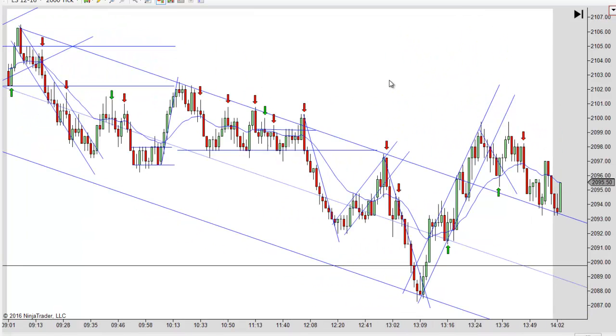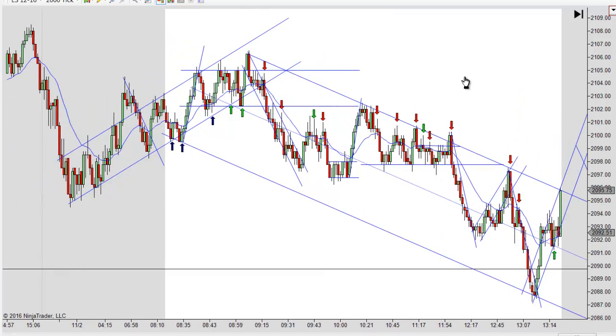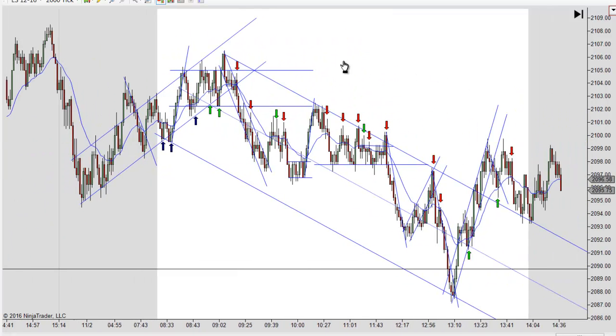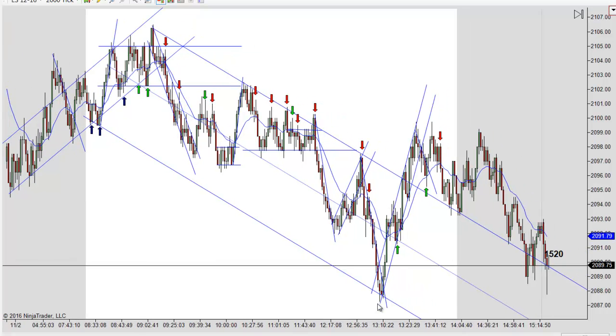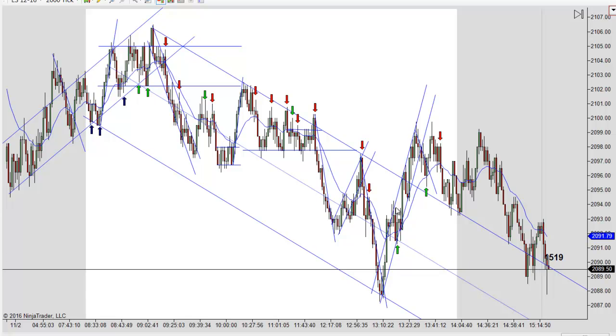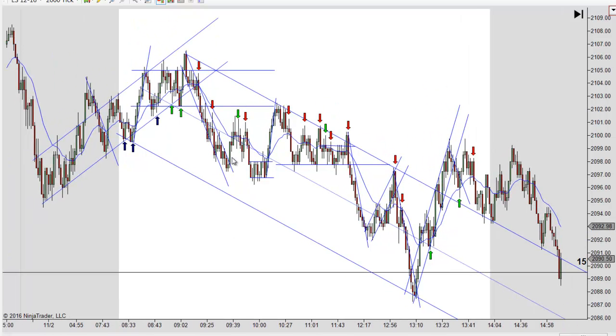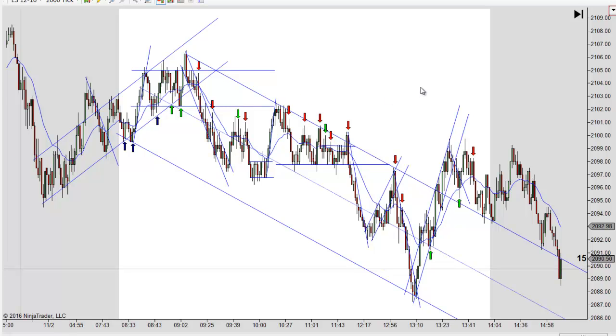So anyway, that's pretty much it for the day. Another pretty good day, really. Once we hit about 9 o'clock, there was news today. That's the main reason you got this big move here. This was all FOMC news, and then there was the 9:30 oil news, which really didn't do much at all. So sometimes oil is a big factor, sometimes it's not.